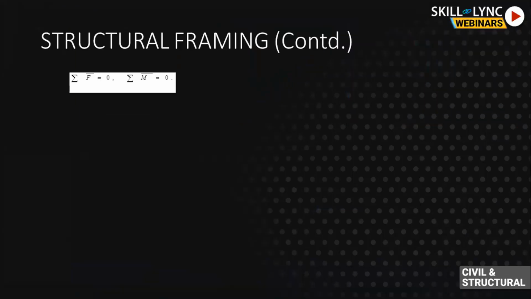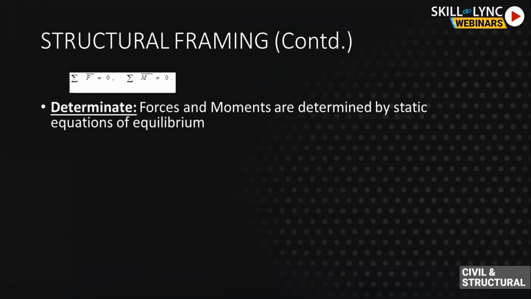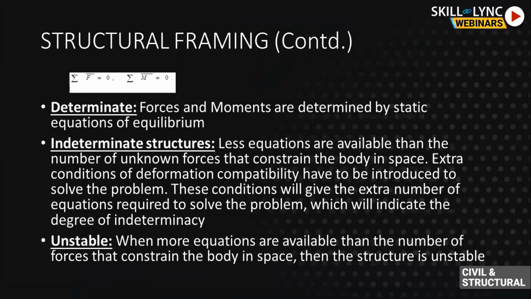We have gone through the structural framing concept based on the structural arrangement and elements. Now we will be covering it based on the forces. A structural frame is a determinate frame, an indeterminate frame or an unstable frame based on the equilibrium equations. We have some known forces and some unknown forces, and based on that we need to solve the equations for equilibrium.